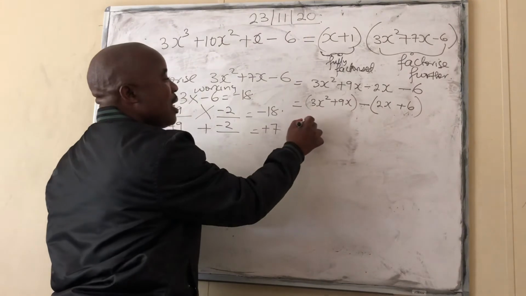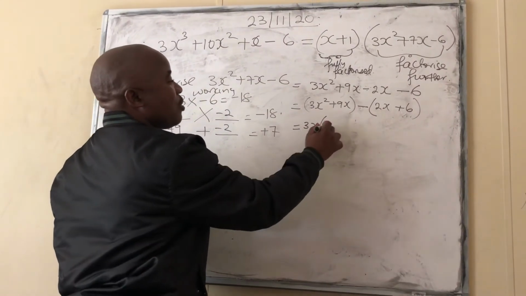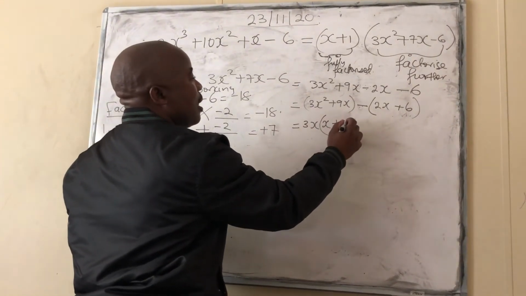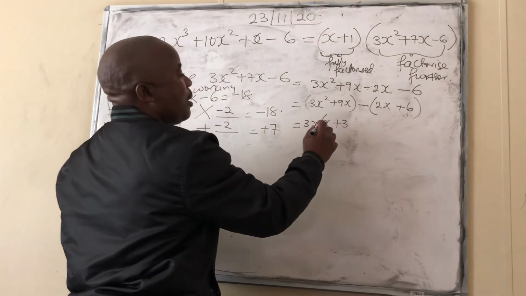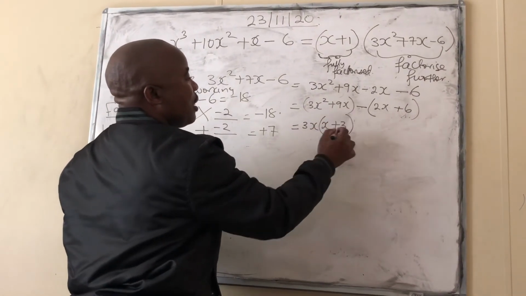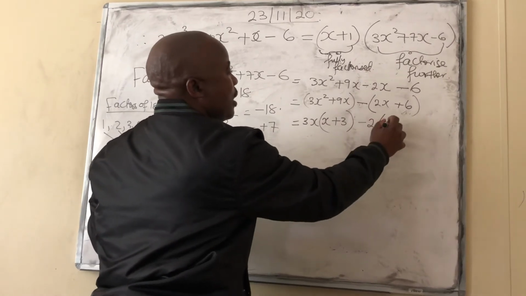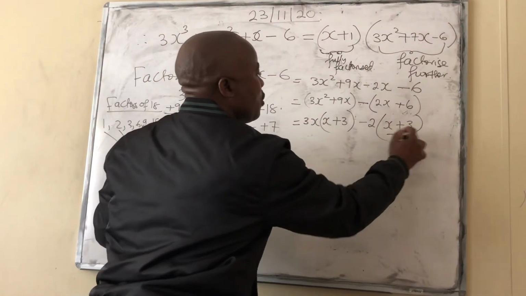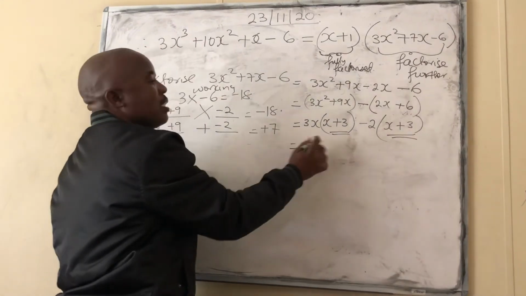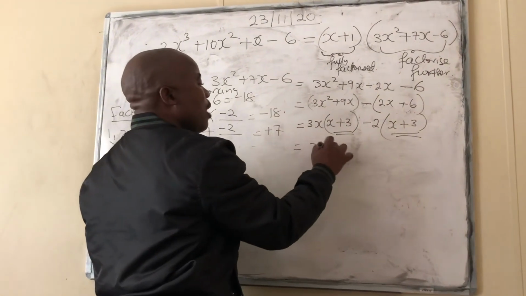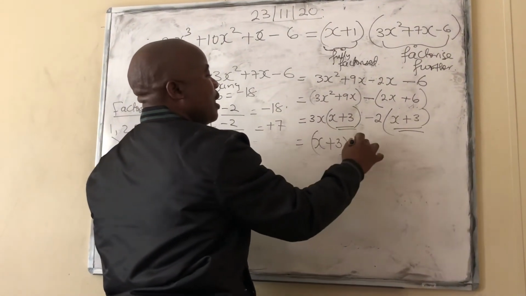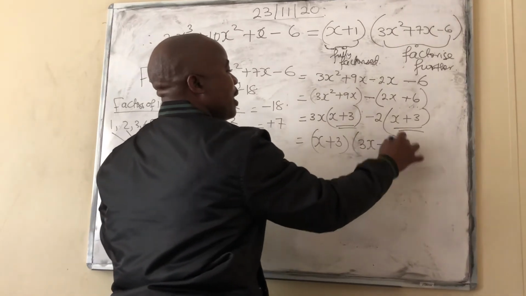So 3x is a factor. So this is x plus 3, and then we have minus. You take 2 outside. This will be x plus 3. You look at these. This is common, so you pull out the common factor, and this is 3x minus 2.